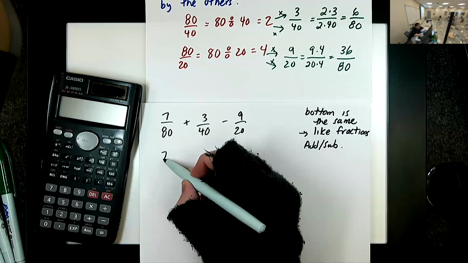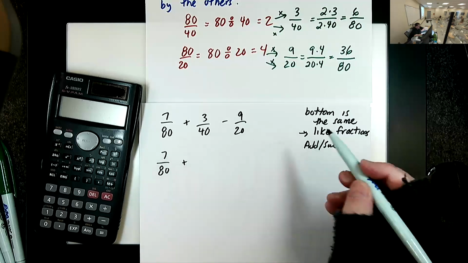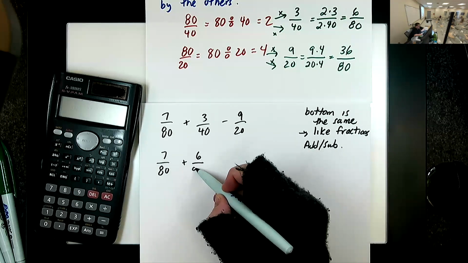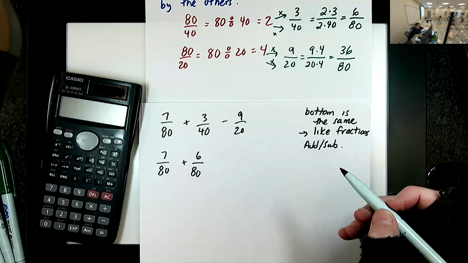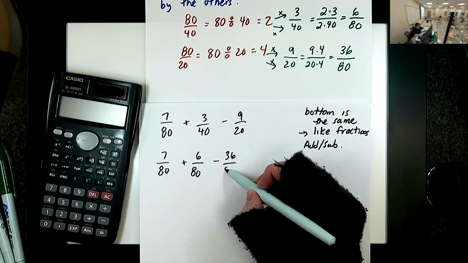We wanted to end up with a bottom of 80. The 3 over 40 was the same as 6 over 80, and the 9 over 20 was the same as 36 over 80.